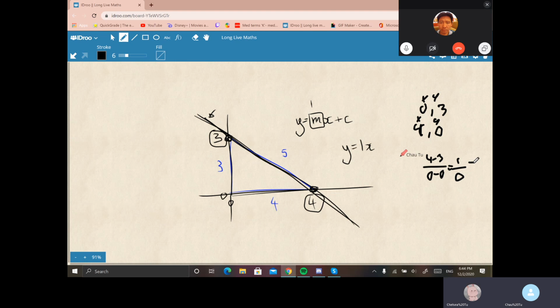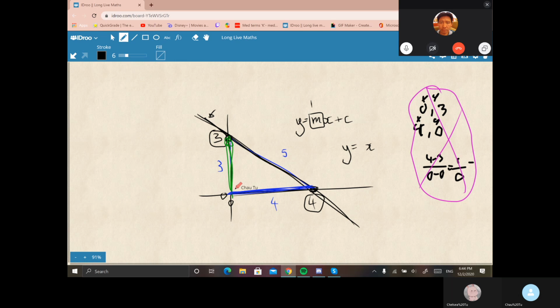If you have a gradient of 1, the graph will go uphill because the gradient is positive. Our line is going downhill, so it should have a negative. I think this method is not correct. The gradient is really the up and down divided by the across.